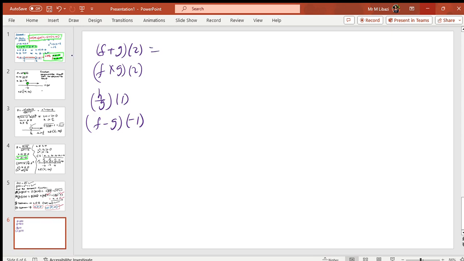When you are given this, you have to substitute 2. So you have f of 2 plus g of 2.